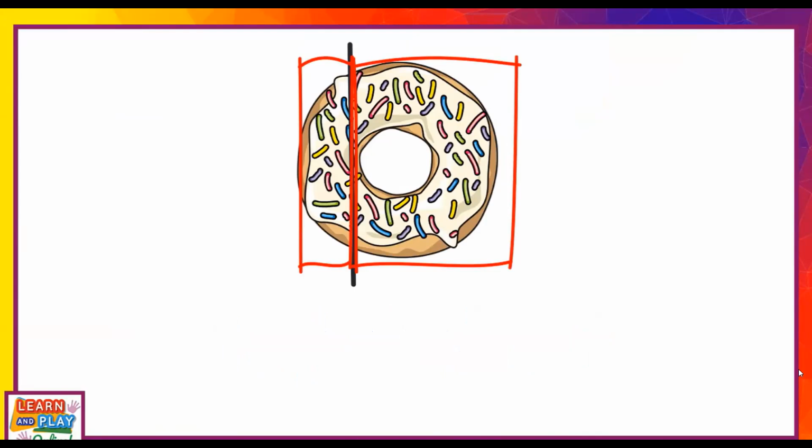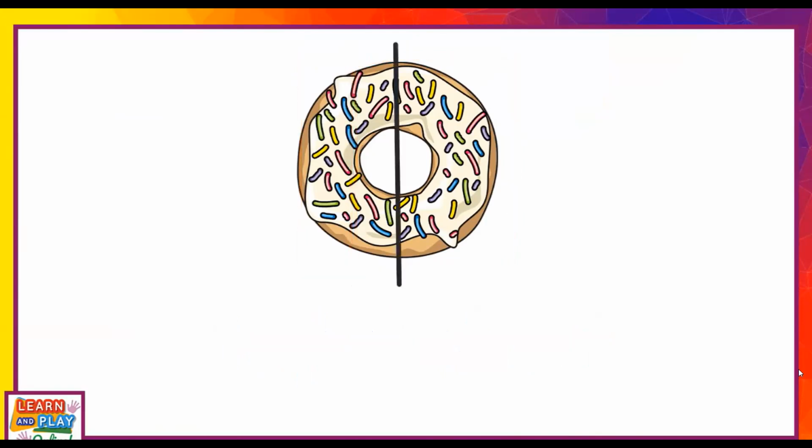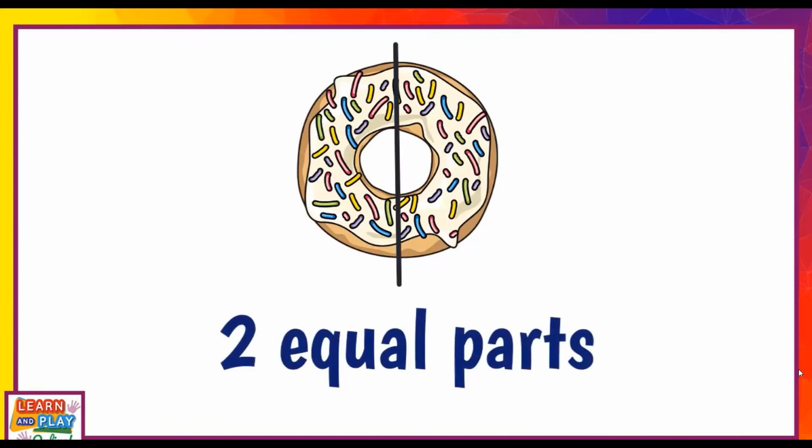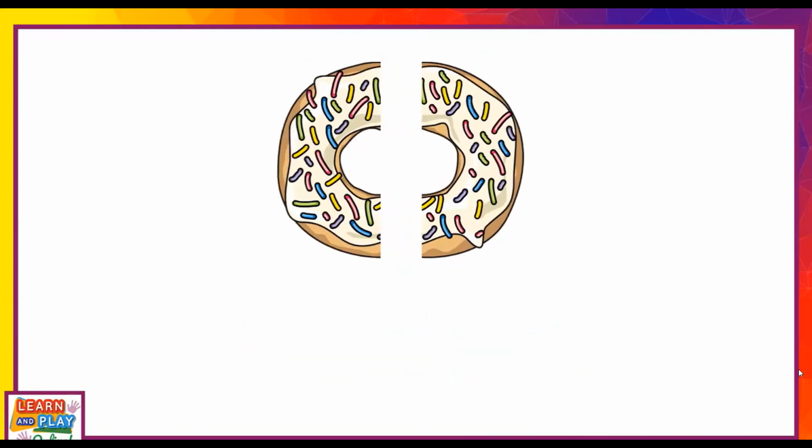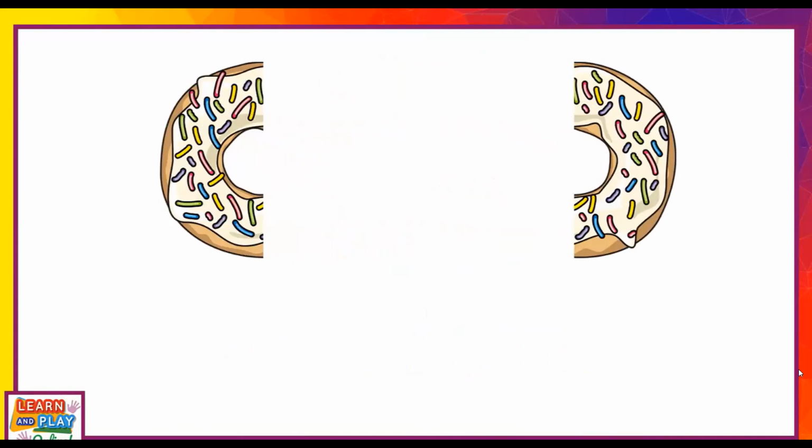That means they are not equal parts. So let's try that again. This time I cut the donut into 2 equal parts because they are the same size. When you have cut something and have 2 equal pieces, that means you have cut it into half.